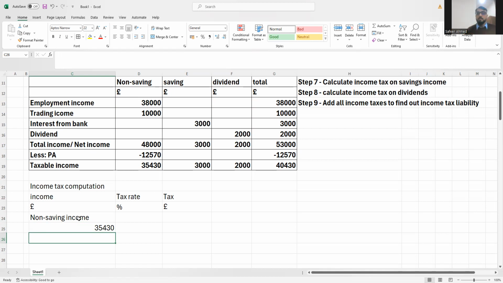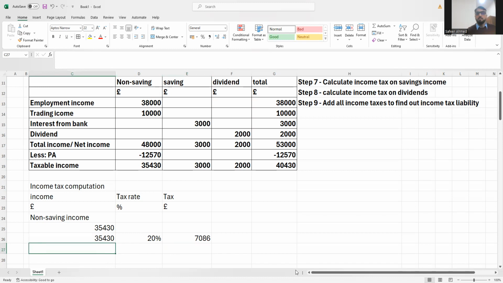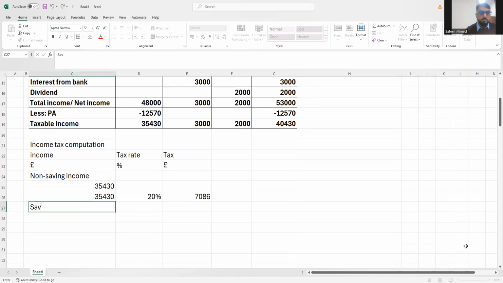So on this entire amount, the tax percentage will be 20%, which is the basic rate. 35,430, and the tax rate we already established is 20%. The tax on that will be income times tax rate, which is 7,086. So we have taxed the non-saving income.